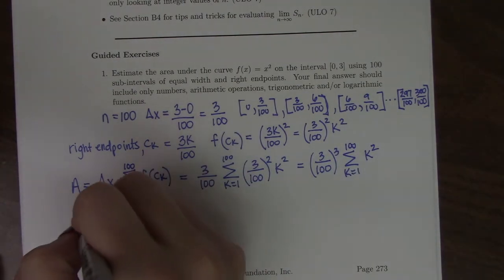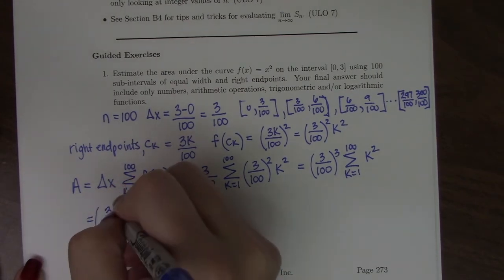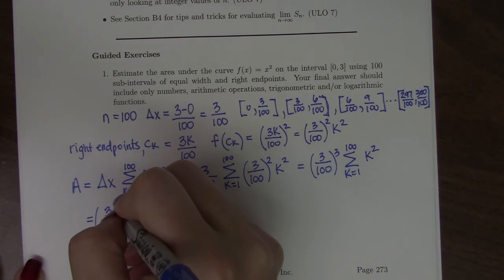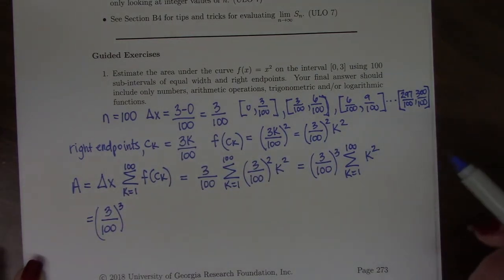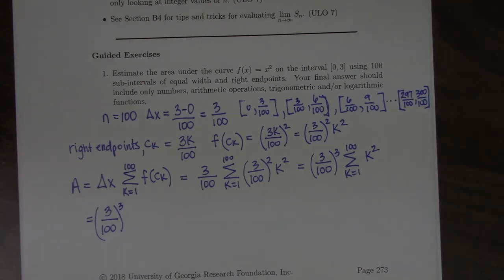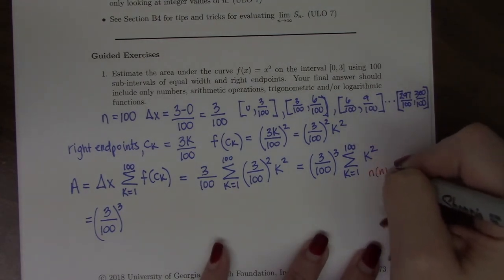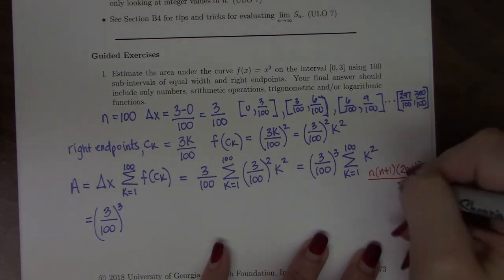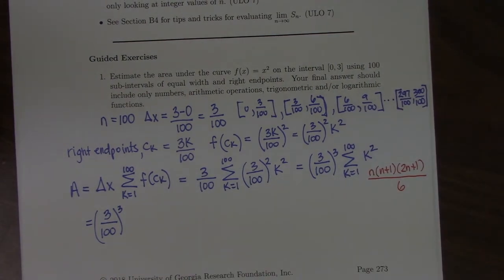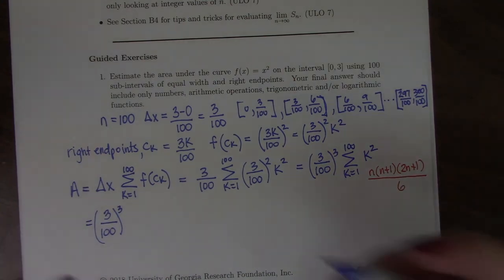So now I get 3 over 100 cubed, and I actually have a formula for the sum of k squared. And the formula for the sum of k squared, right, is n times n plus 1 times 2n plus 1 over 6. So when I calculate it here, since my n was known, I'm actually just going to plug 100 everywhere I see an n.